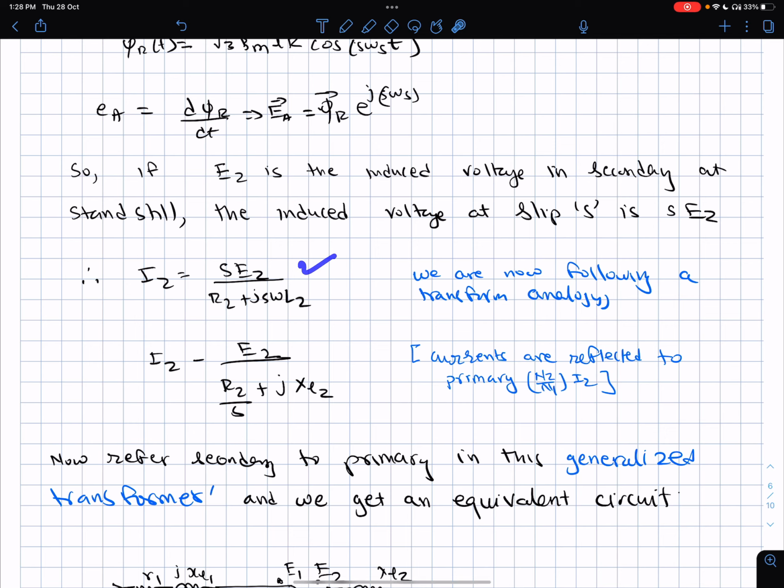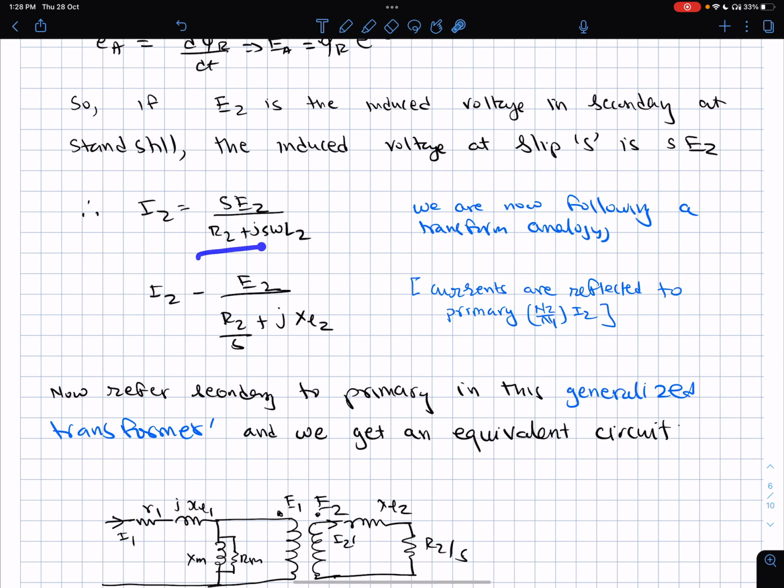So the new currents are going to be sE2 divided by R2 plus j s omega s L2, or if I want to write it in terms of E2 only, then I can write it as E2 divided by R2 by s plus j omega s L2, where this is the leakage reactance associated with the rotor winding.